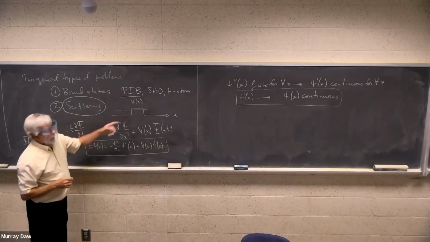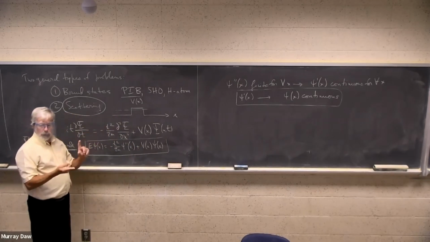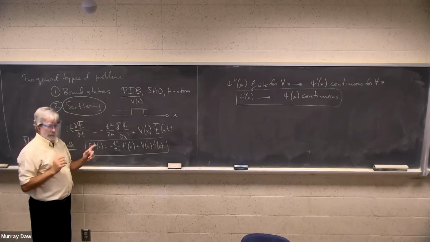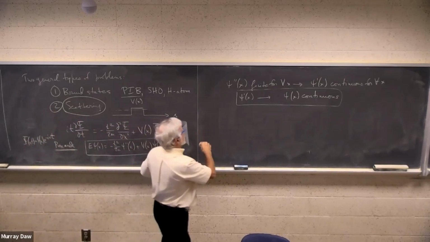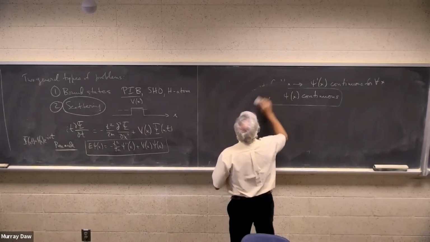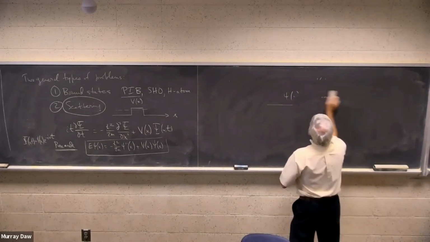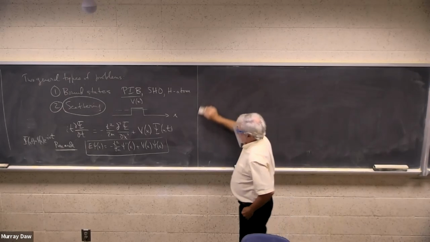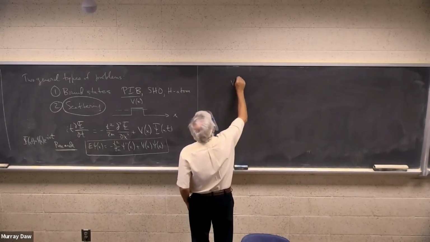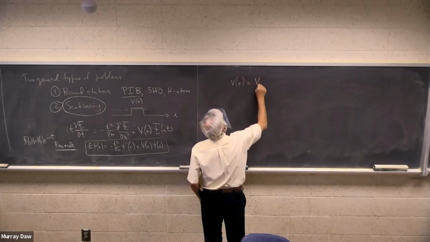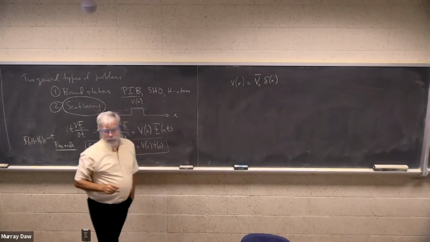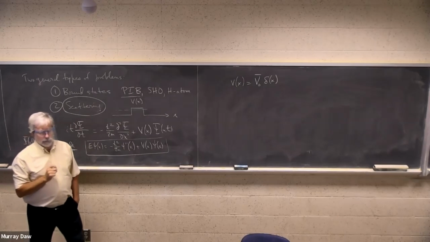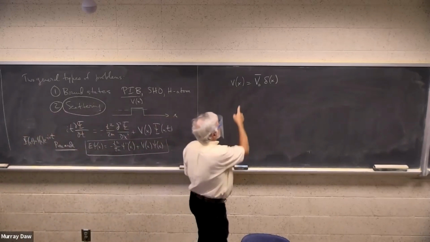Okay, so I'm going to use that. We're going to solve this problem coming up, but before that, we're going to do a little bit easier problem, which is like this, except it's going to change the condition here. So the first scattering problem we're going to do is for a delta function. So what does that potential look like?